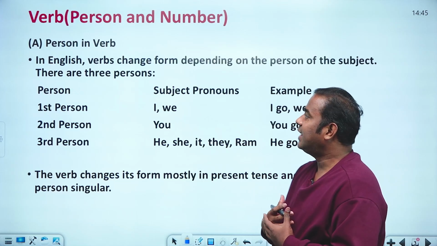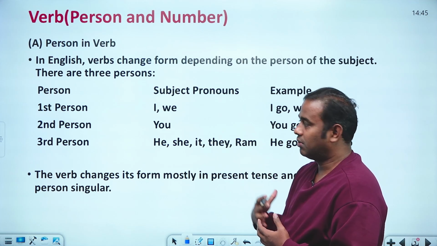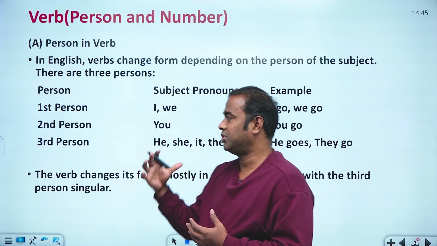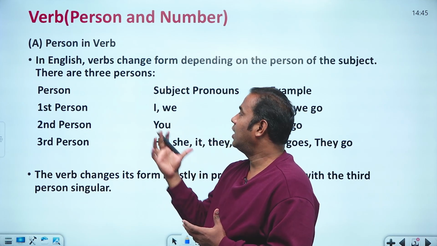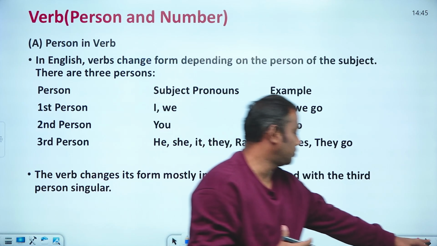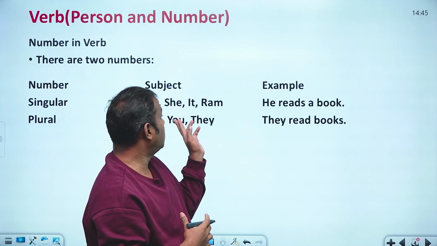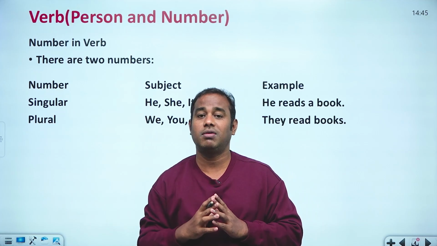For that, the concept of first person, second person, third person will come into the picture, and also the singular form and the plural form will come into the picture.